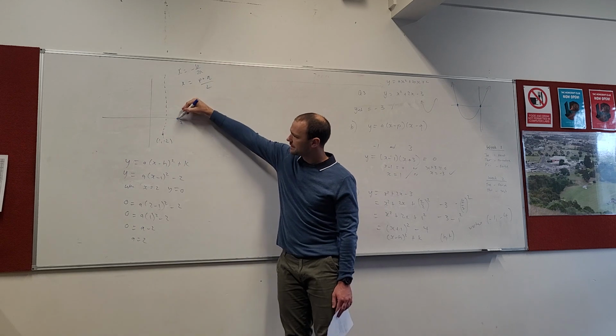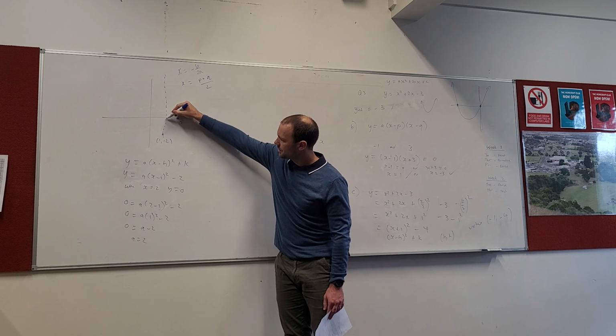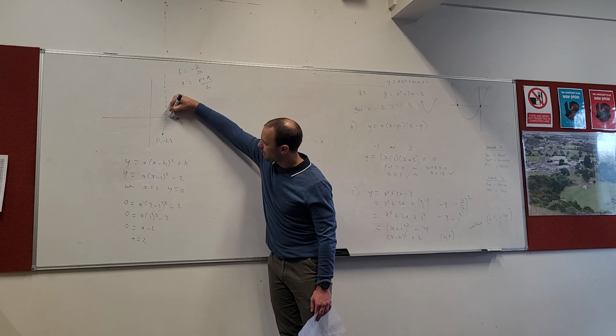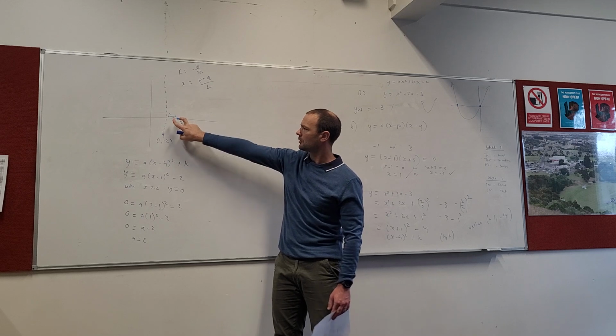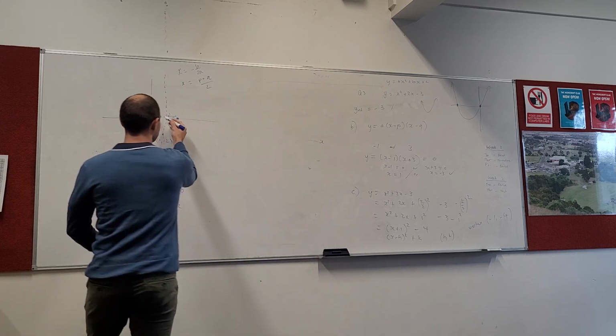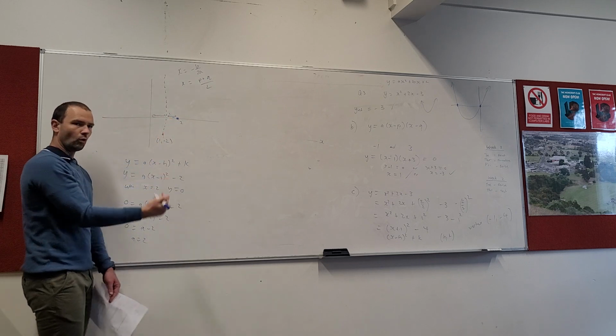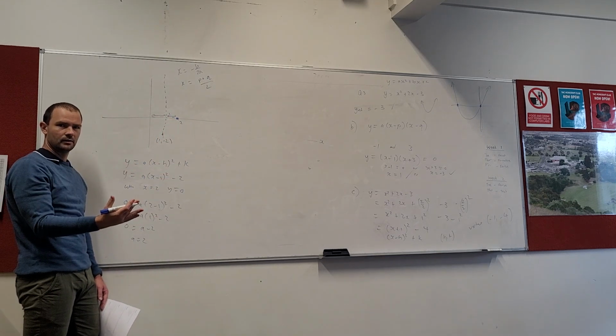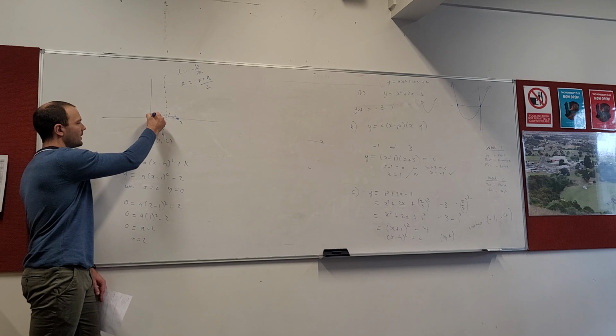Alright, so if this root is 2 and the vertex is at 1, that distance is 1. So the distance from the axis of symmetry to here is 1. That means the distance to the next root is also 1. So the other root is this point here, right?